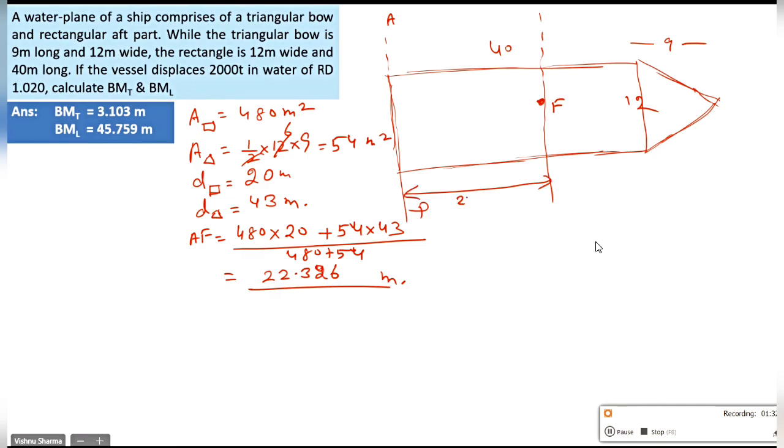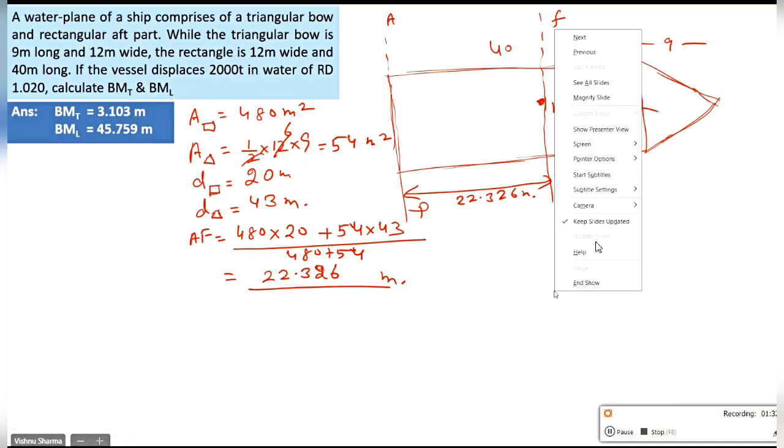This is 22.326 meters. Correct, guys? And we draw the athwartship axis FF through it. Do you agree with it? Yes, sir.